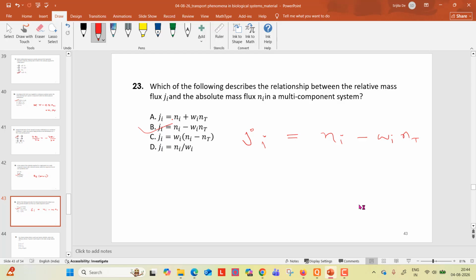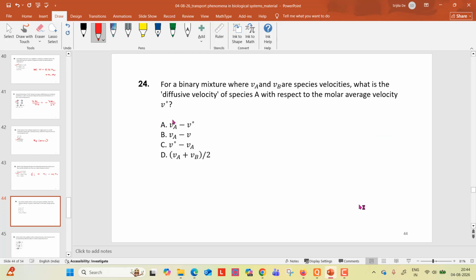Next. For a binary mixture where VA and VB are species velocities, what is the diffusive velocity of species A with respect to the molar average velocity? So it is VA minus V star, option A. Next.